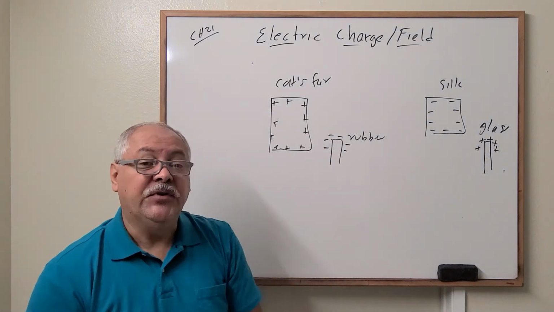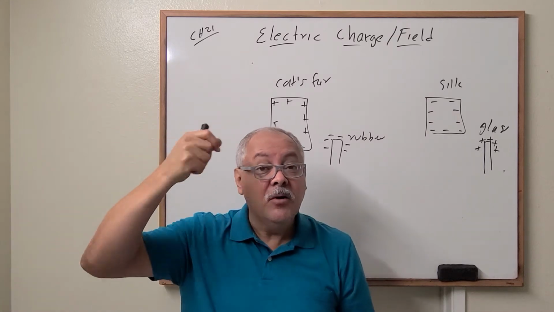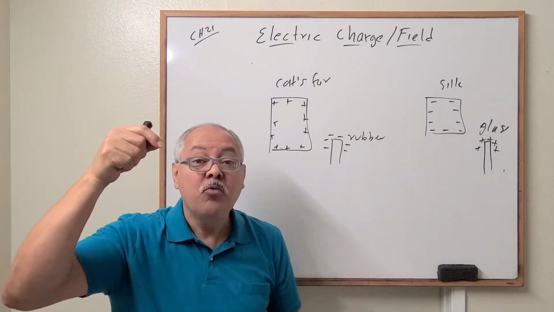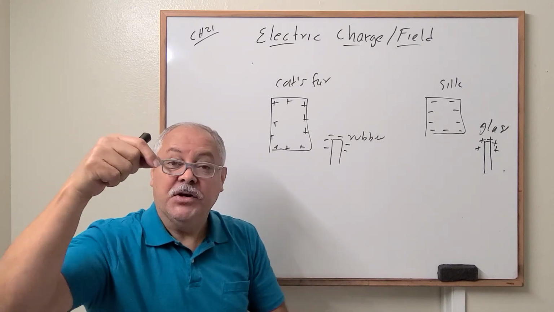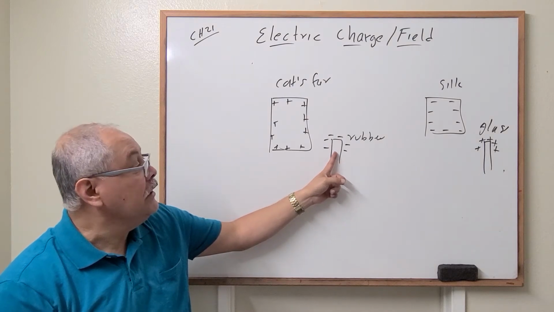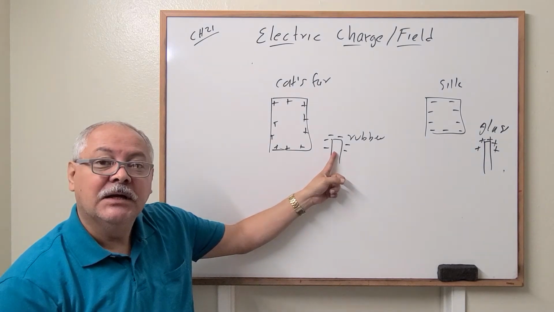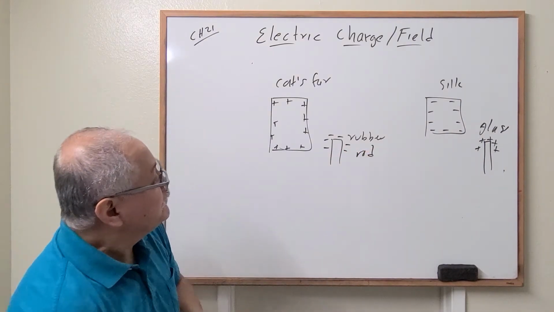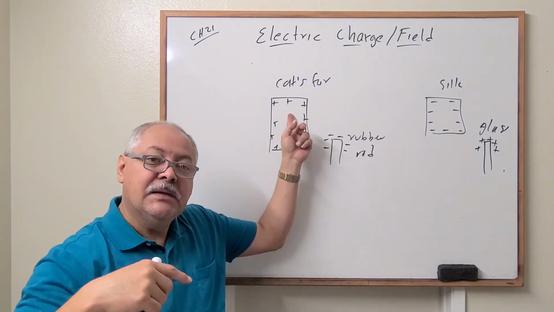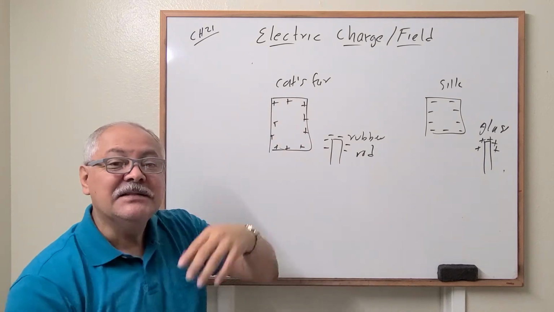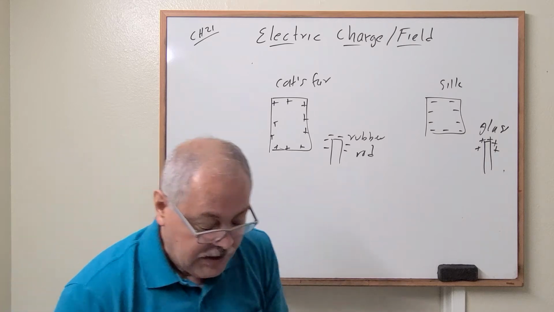You can do this very easily. When you are combing your hair at home, sometimes the comb becomes charged, and the charge is gonna be similar to this rubber rod, and your hair is gonna become positively charged. Perfect. That's the convention.